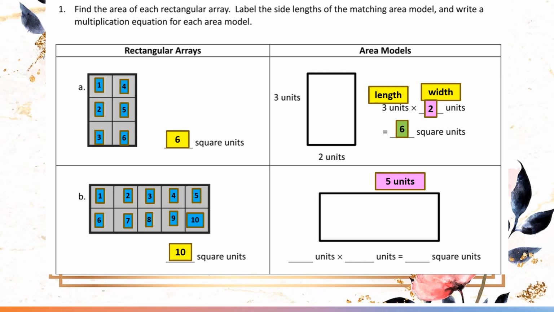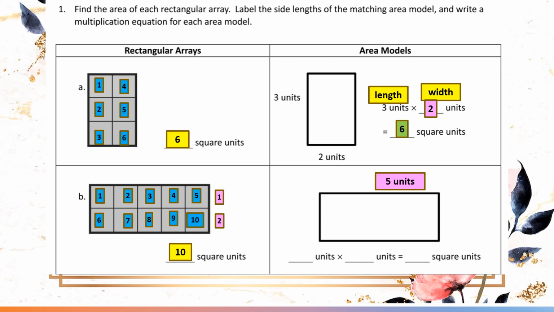Now let's look at our length because we can see it, right? But let's just make sure to label it. So I'm going to use my rectangular array to count my square units for my length. So we have 1, 2.